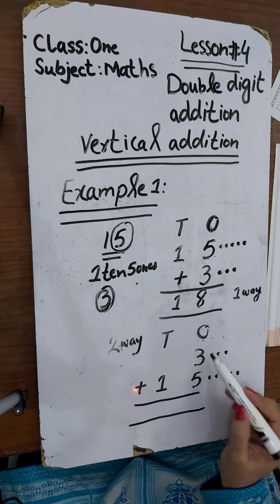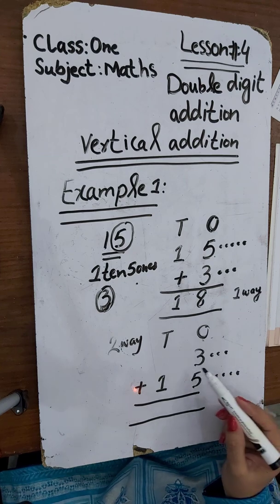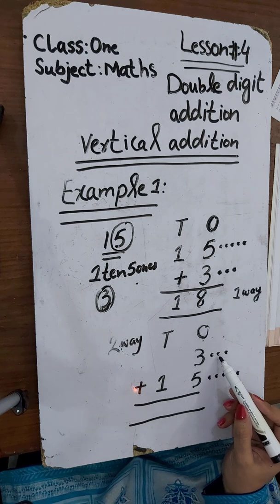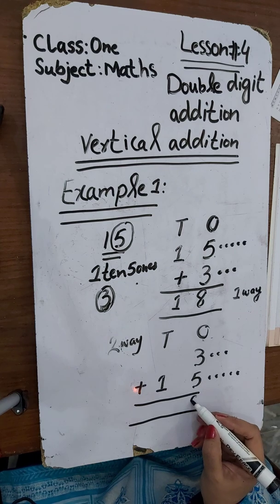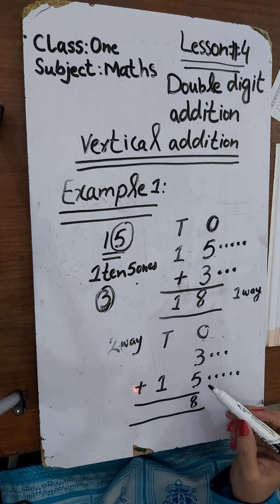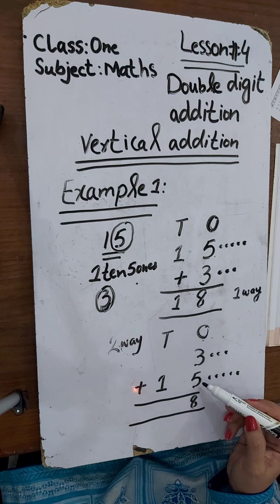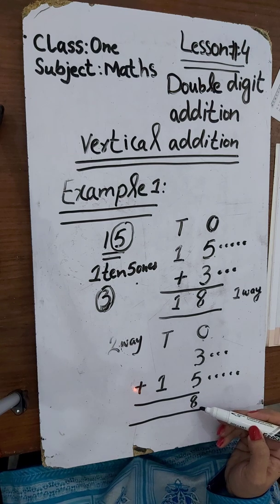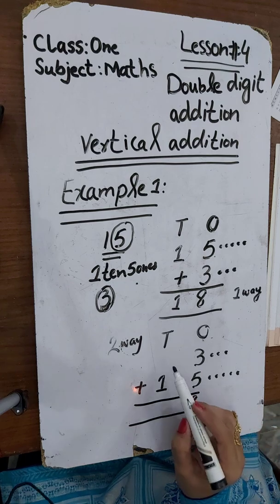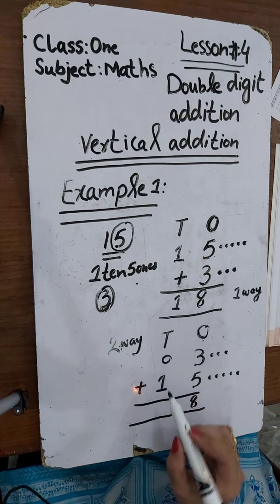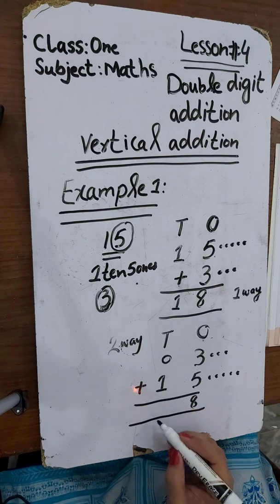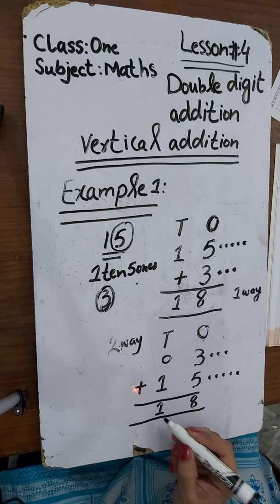To get the total number we will combine them: 1 2 3 4 5 6 7 8. When you add 3 and 5 you will get 8. Very good. There is no number in this column, so it is 0. 0 plus 1 is equal to 1.